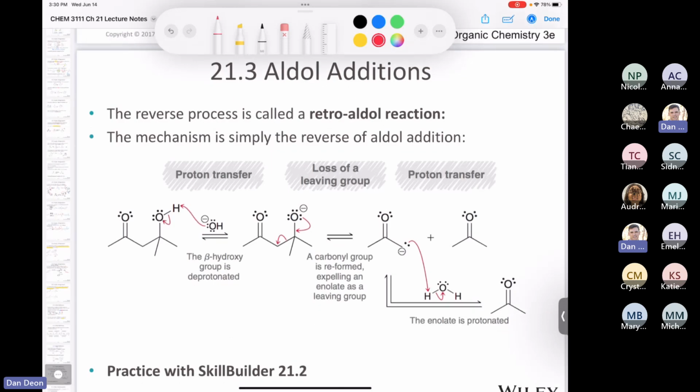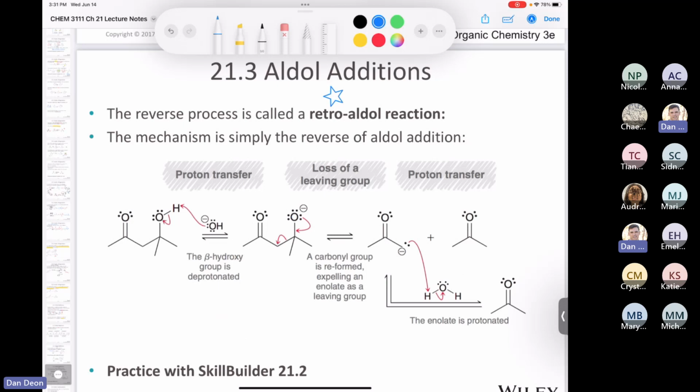So once you form the aldol, it can go right back to the enolate and the ketone in this case. So it's just the reverse of the aldol addition. Do I expect you to know the mechanism of the retroaldol? I would say yes, because it's just the reverse of aldol formation. It's nothing more than that.